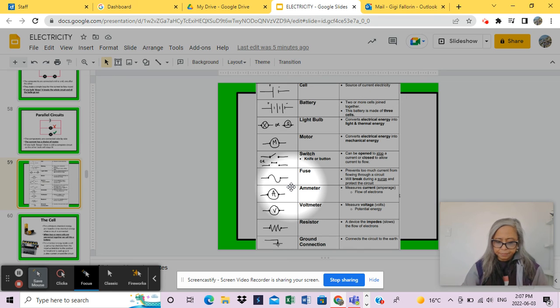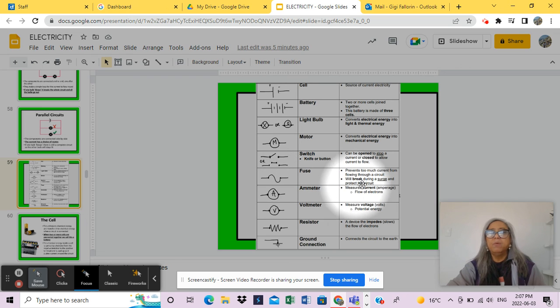It's just like the S sign, right? So that's the fuse that we have. So a fuse would be what? It prevents too much current from flowing through a circuit. Yeah, because we want to avoid any surge, right?